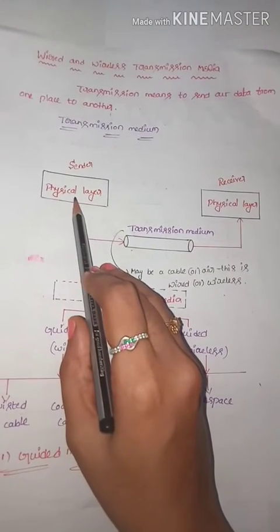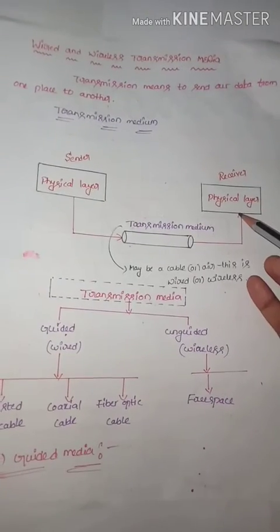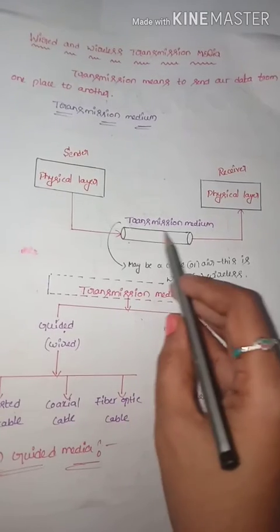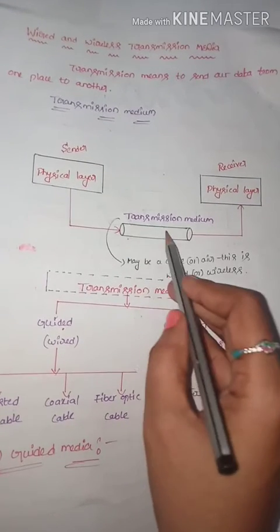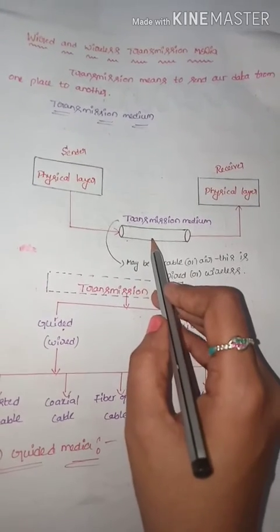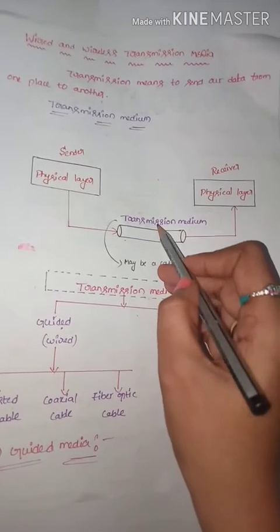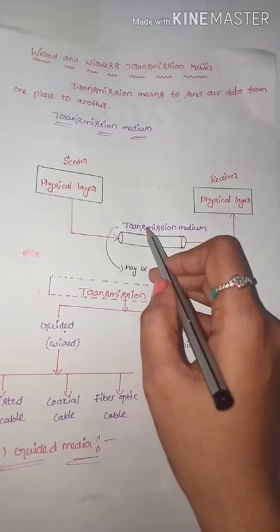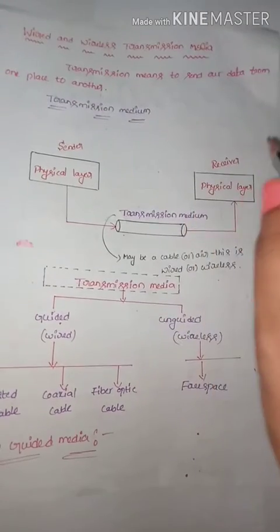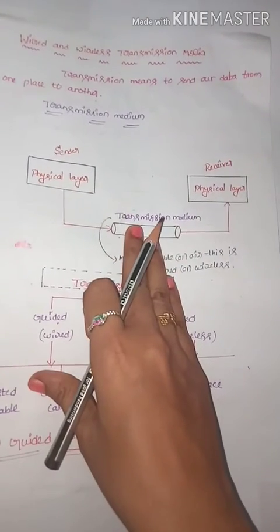This is the sender, this is the receiver, and here is the transmission medium. The transmission medium may be a cable or air, that is, wired or wireless. The transmission media is the way in which data is transmitted from one place to another.